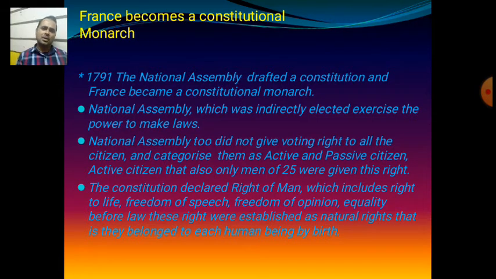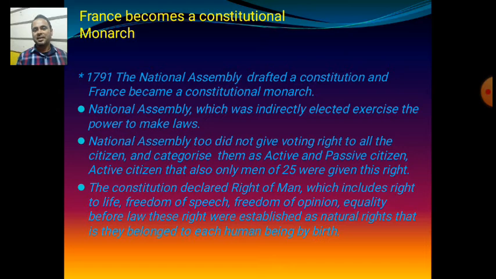Now, when France became a constitutional monarchy, what were the things that happened? Do you remember in the timeline we discussed 1791? Yes, the National Assembly drafted a constitution and declared France a constitutional monarchy.